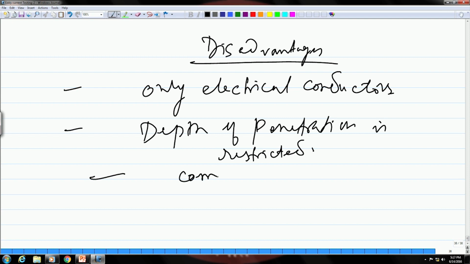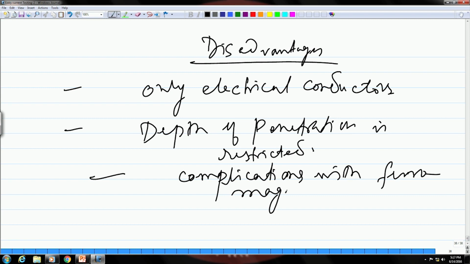And we have seen there are complications with ferromagnetic materials. And sensitive to many parameters.